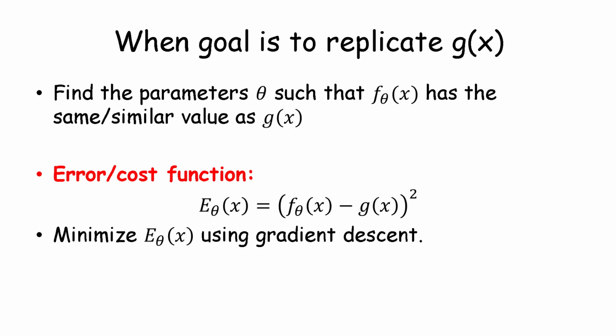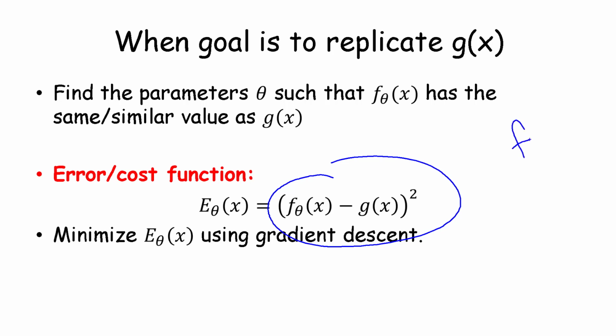We can convert this problem to a minimization problem by defining an error or cost function that captures the difference between f and g. A common error function is the squared difference function. Taking the square allows us to take the derivative more easily.